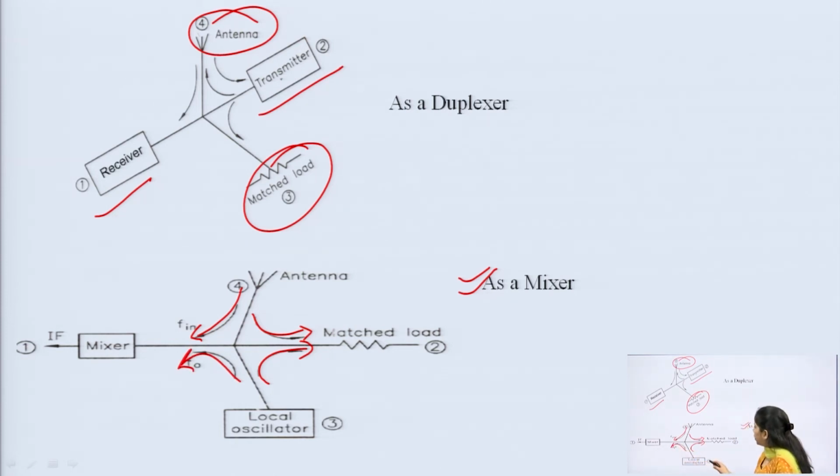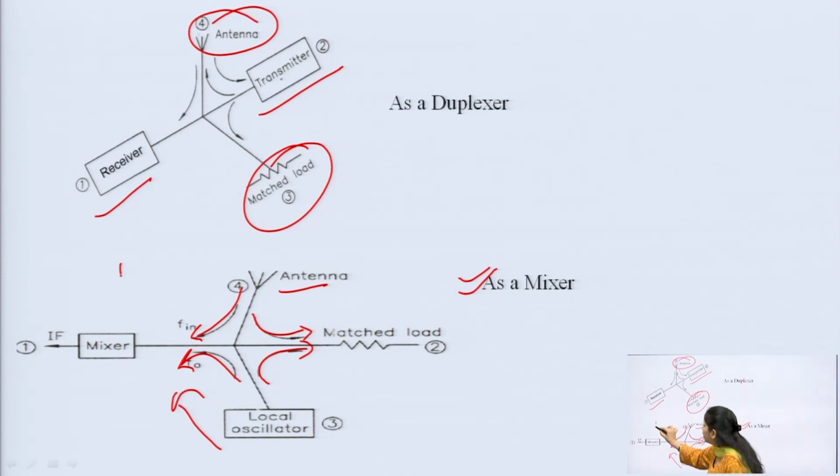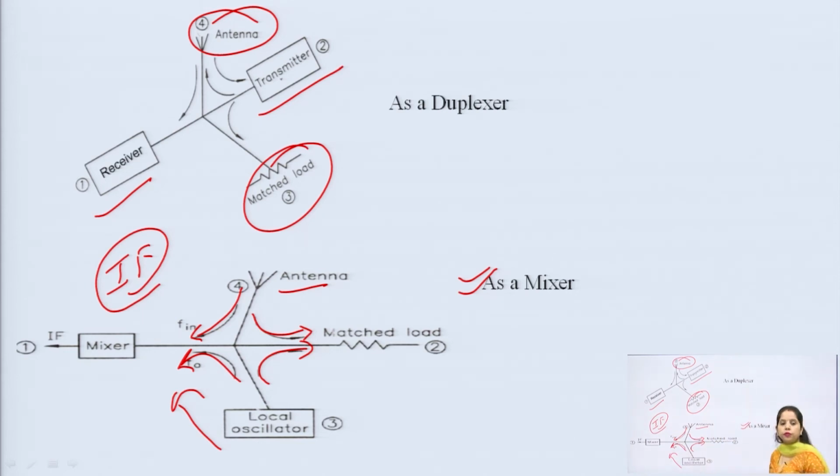In the mixer, what we do is take the difference between the incoming signal and the local oscillator to get the intermediate frequency, IF. So, we can use the magic T for getting the IF, that is the intermediate frequency, and thus it can be used as a mixer.